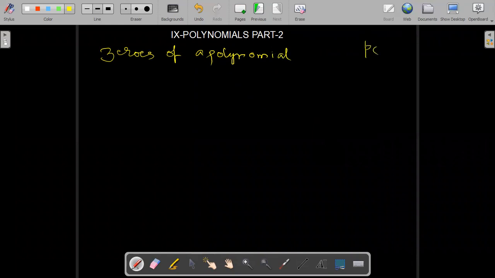For example, if p(x) is a polynomial, x square plus 5x plus 6. Okay.